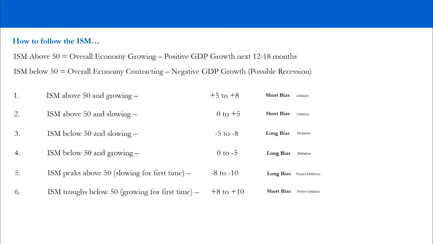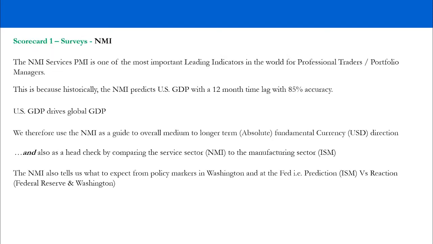How do we look at this? We actually score it in exactly the same way as we did before with the ISM. So the ISM and the NMI, we're scoring exactly the same way. Why is it important? Well, it's very leading in terms of the economy.